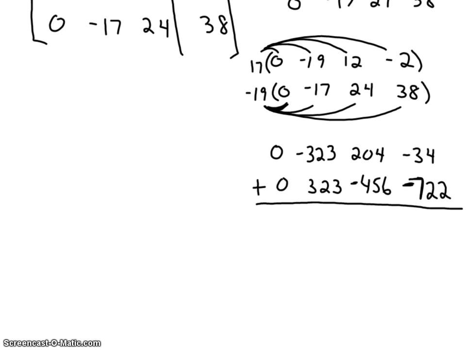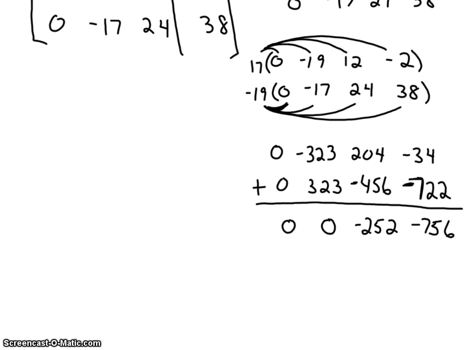Okay, add these two together. First column, 0. Second column, 0. Next column, negative 252. Last column, negative 756 when you add those columns. Alright, right now, it would be ideal to divide each of these terms by negative 252.